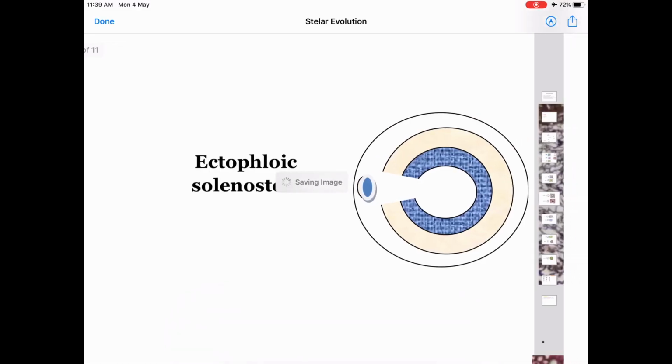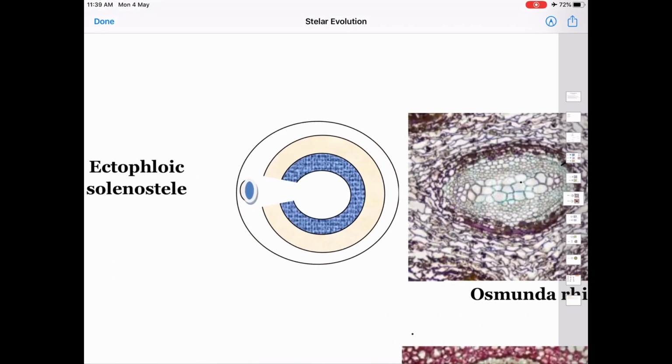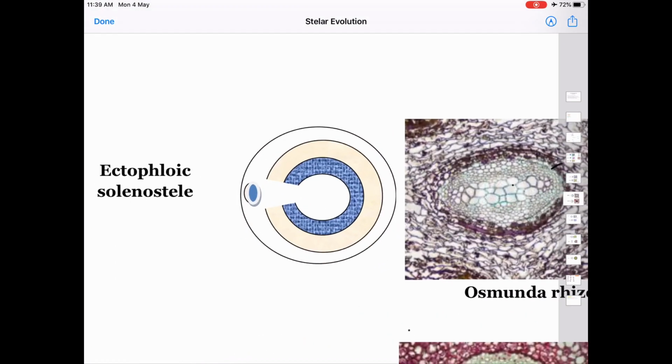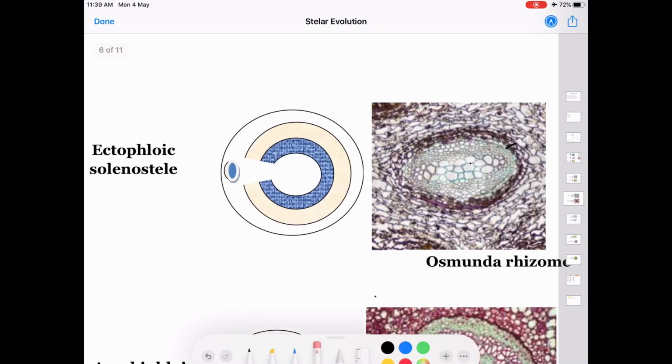Here comes the ectophloic solenostele. This is commonly seen in Osmunda rhizome.